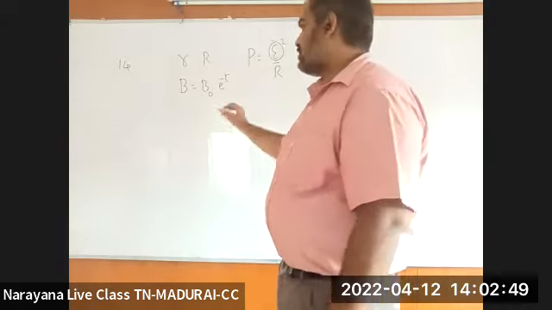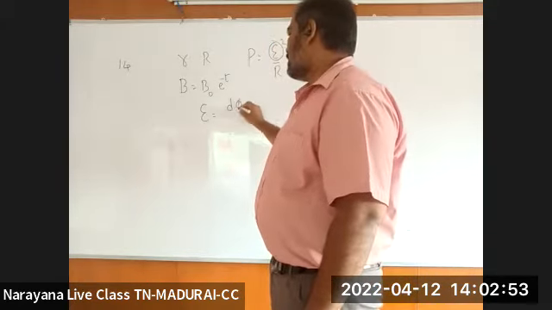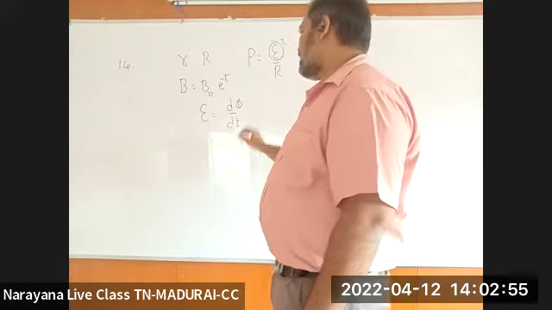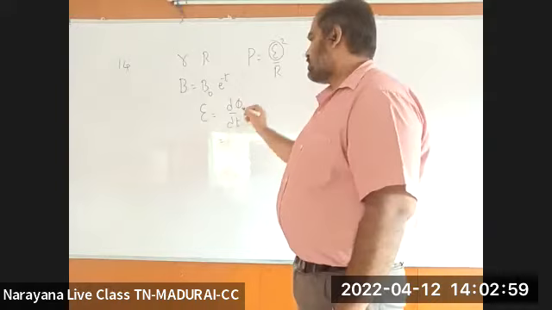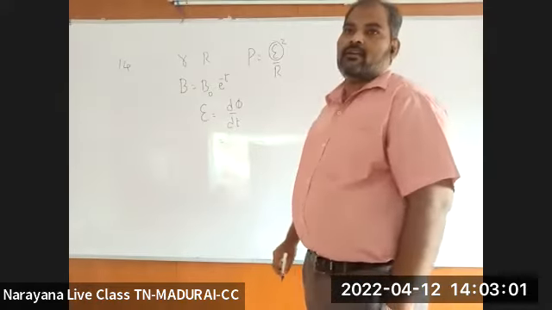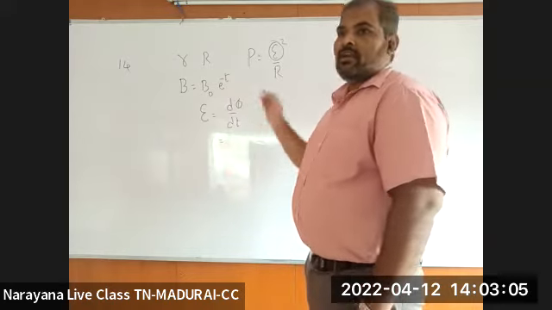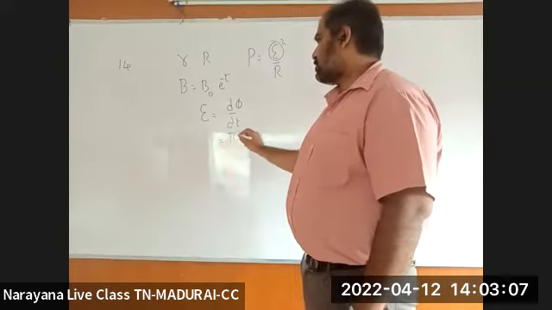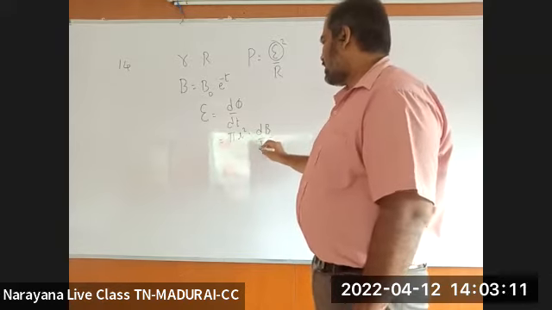EMF induced equals change in magnetic flux by change in time. So flux is B into area, but the area of the circular cross section is constant only. I will write outside that, which is pi r square into dB by dt.